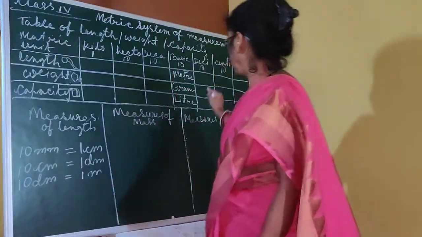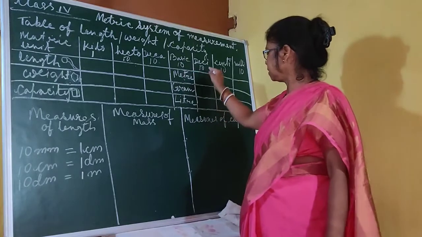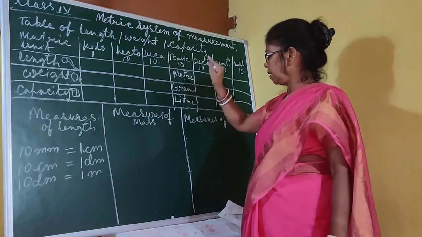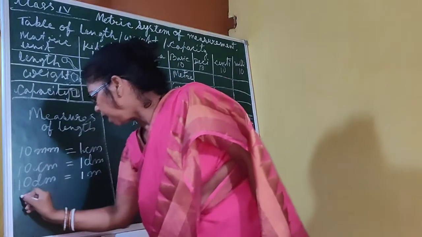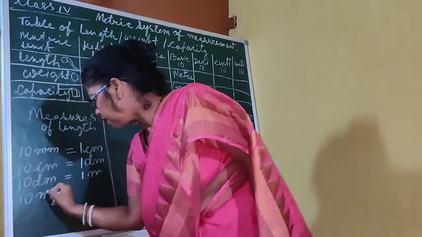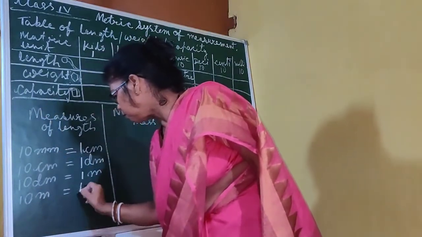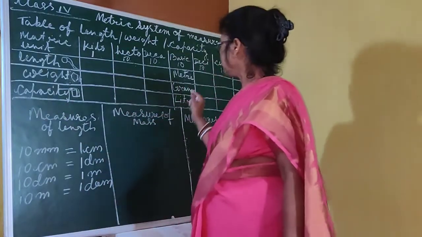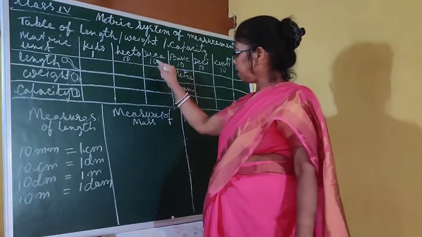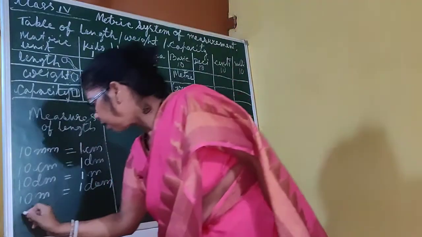10 decimeter equals 1 meter. Then 10 meter equals 1 decameter. Then 10 decameter equals 1 hectometer.